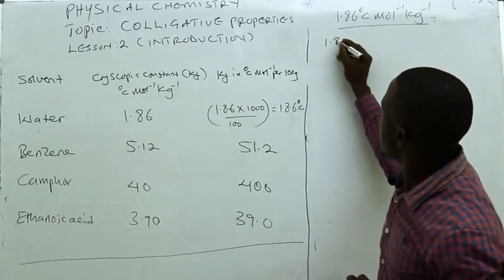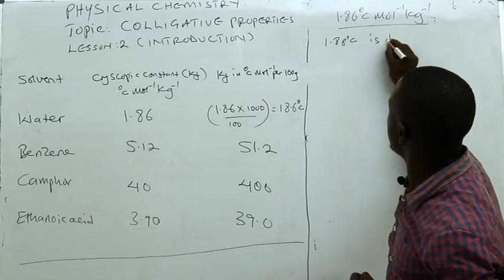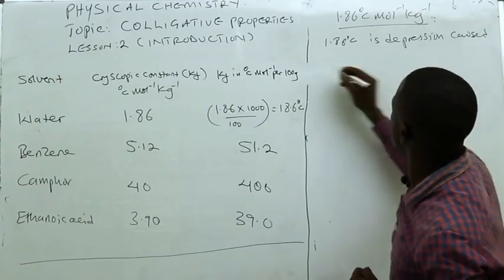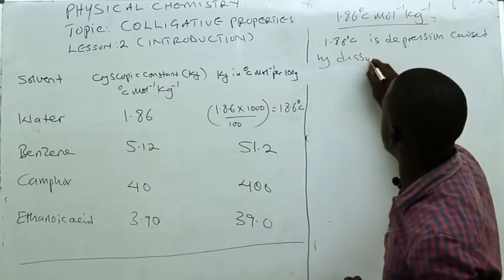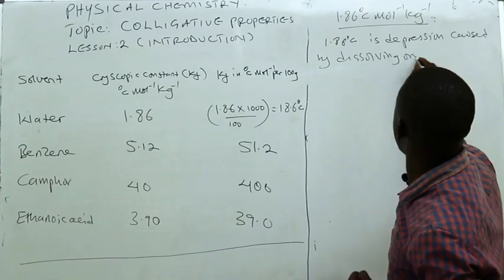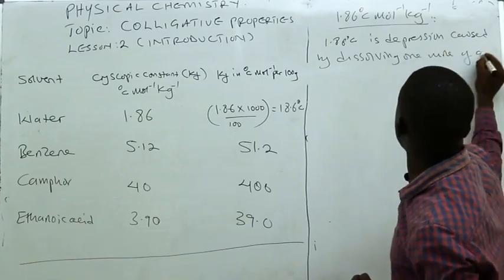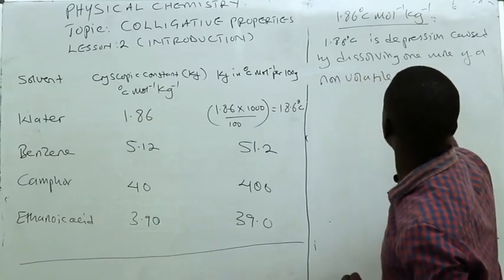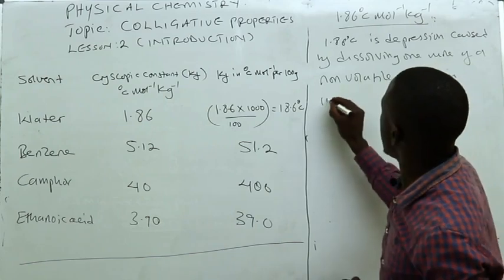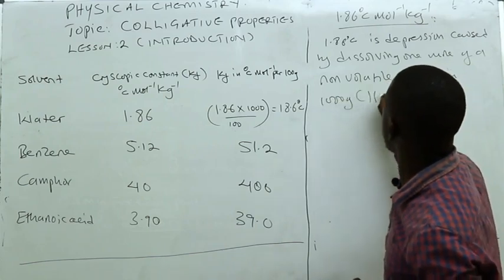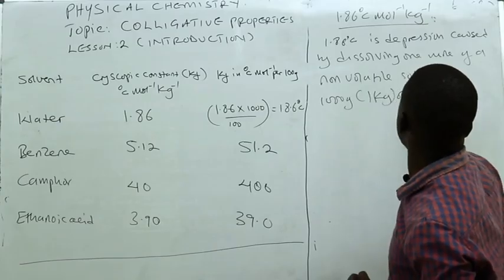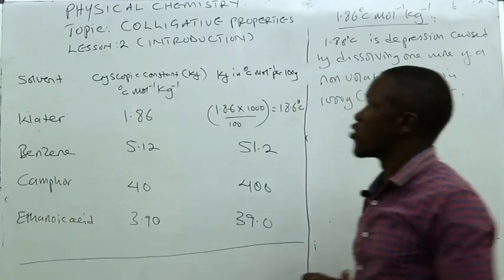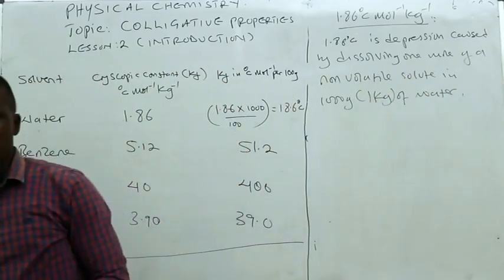That 1.86 degrees Celsius is the depression caused by dissolving 1 mole of a non-volatile solute in 1,000 grams, what is called 1 kilogram, of water. Simple as that. So that is the interpretation of what we call the cryoscopic constant.